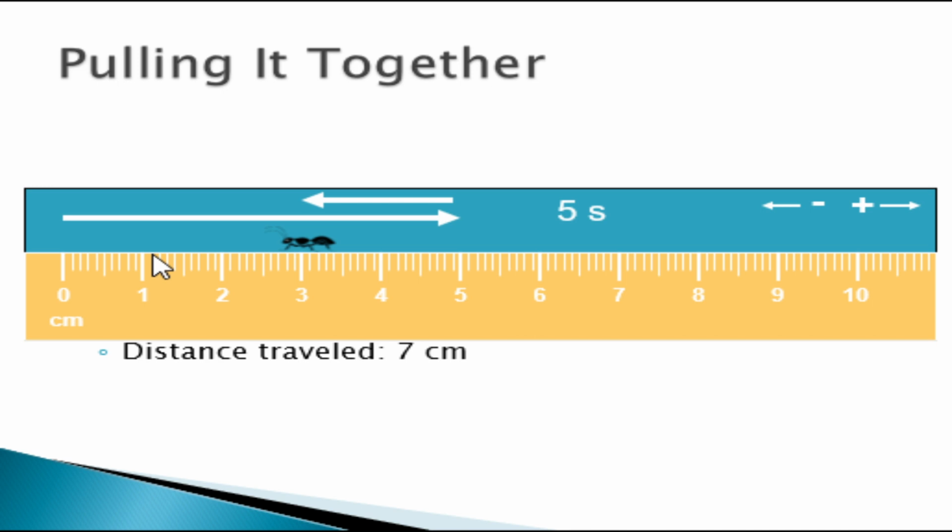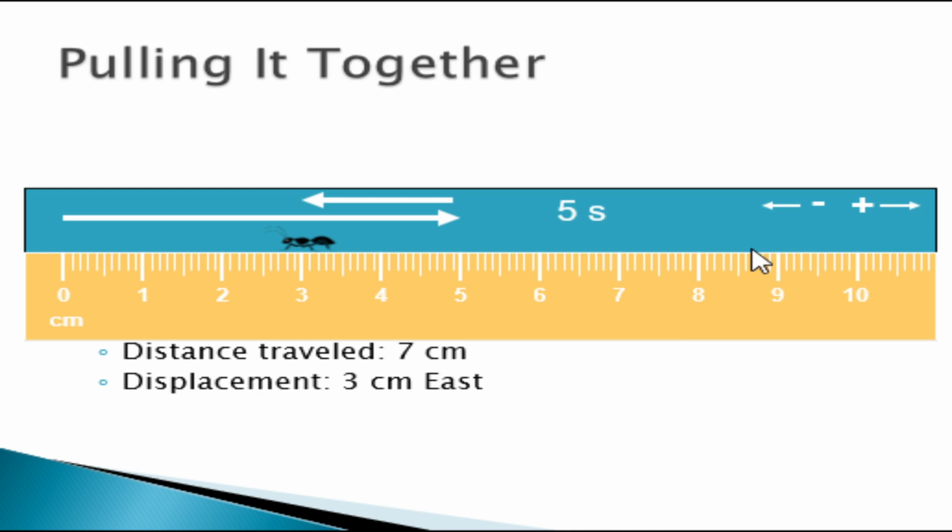So this is 1, 2, 3. So the displacement now is 3 centimeters and the ant is located east of point O. Therefore, our displacement is 3 centimeters east, because the ant is located 3 centimeters east from our initial point, which is the 0.